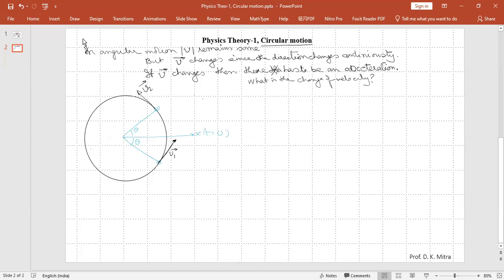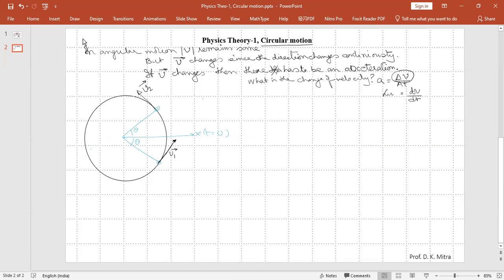We want to find this out because average acceleration a is equal to del v by del t. And in the limiting condition, this is equal to dv by dt. So we have to find out the change of velocity in the time.